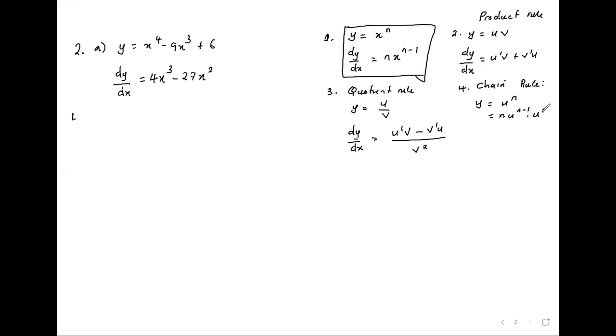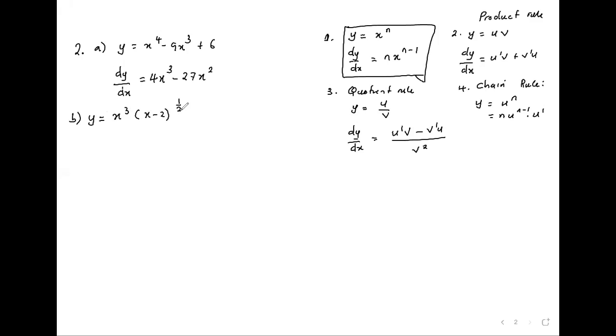So B, y is equal to x power 3 multiplied by x minus 2 to the power half. We have emphasized so many times that the root is the same as power half. So whenever we see a root, we write it as power half.